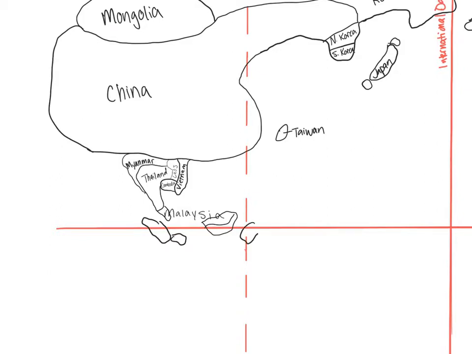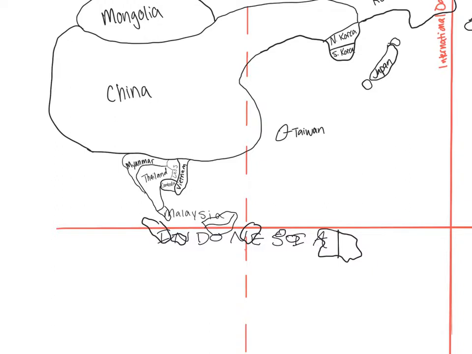It's going to cross at that intersection all the way over here to almost in the middle over here. Okay, and then there's a lot of little islands in here. All of this is considered Indonesia. So all those little islands are Indonesia.